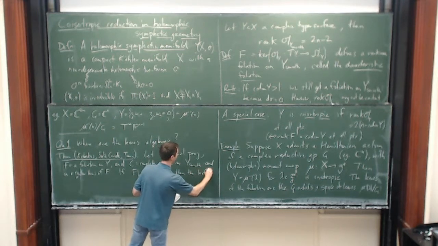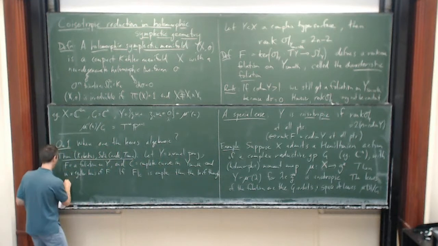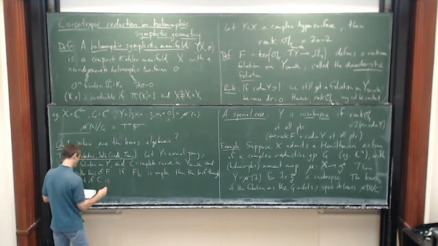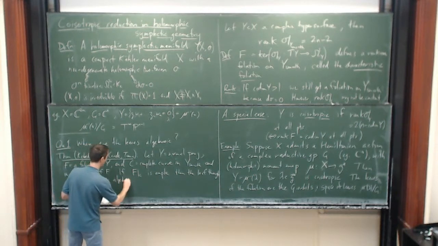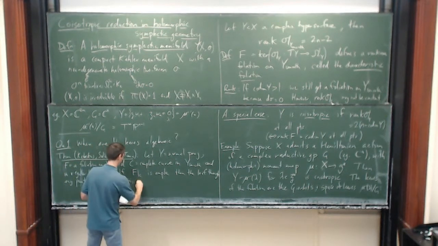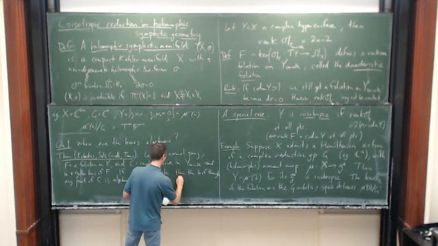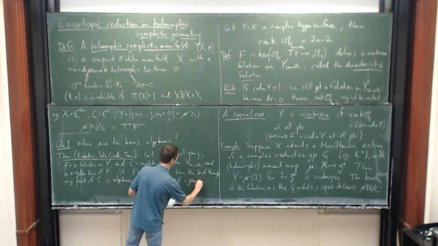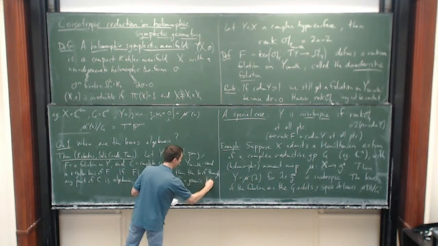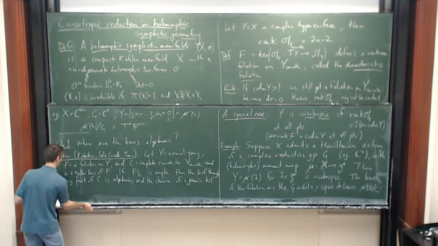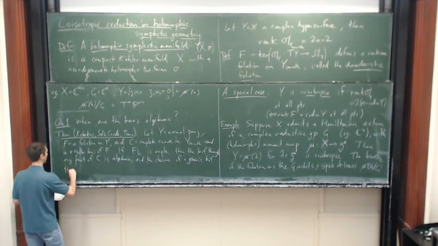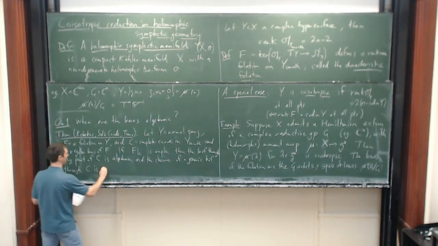the leaf through any point of C is algebraic, and the closure of a generic leaf through C is rationally connected.